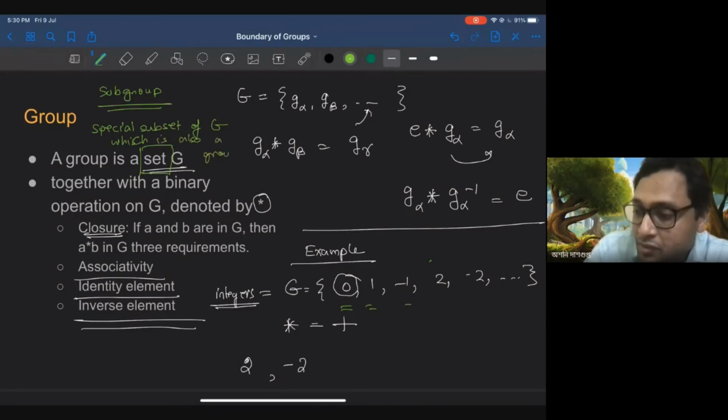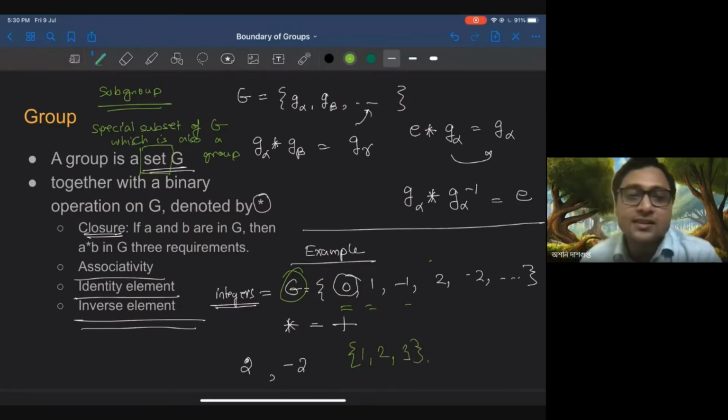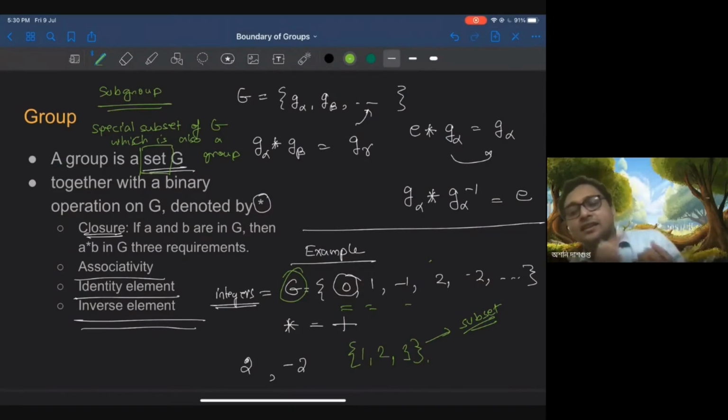For example, if I take from this group G the subset 1, 2, 3, it doesn't have a group structure. It doesn't contain an identity element, it doesn't contain inverses, and so on.